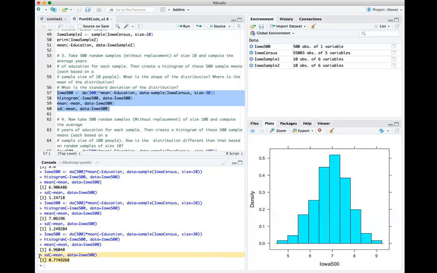The smaller the standard error, the less variability in our sampling distribution. It means that we have a more precise estimate of our population parameter.